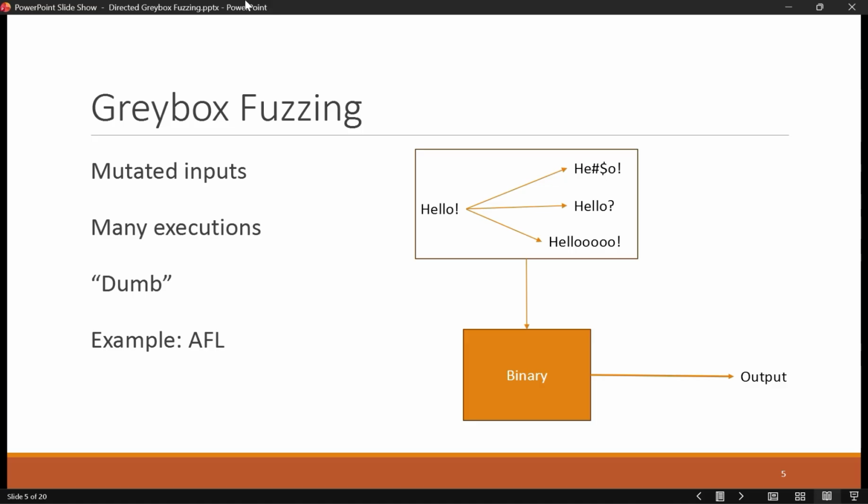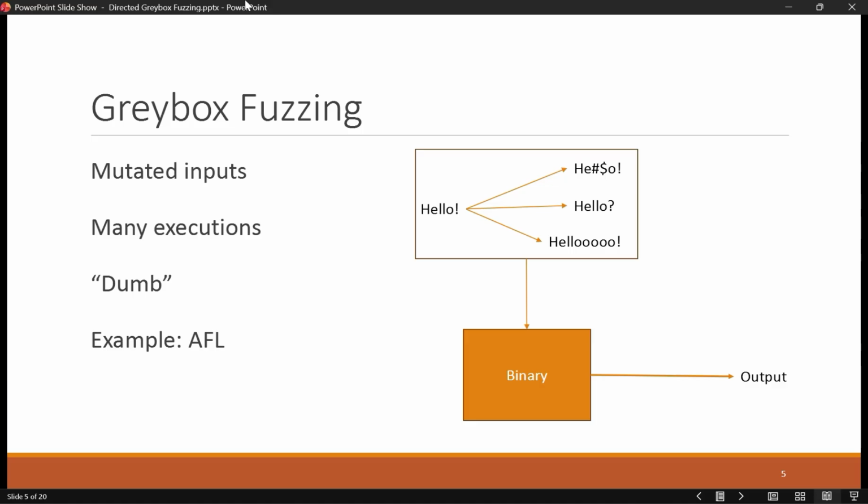And this means that you can really effectively test out different branches of a binary in order to reach a crash-inducing input. However, this comes with the limitation that it is dumb, so to speak.